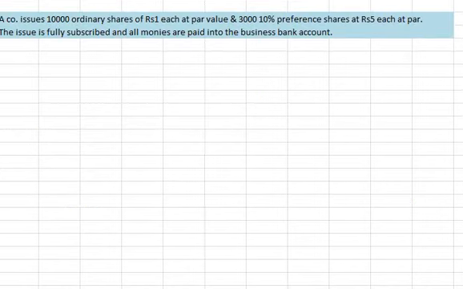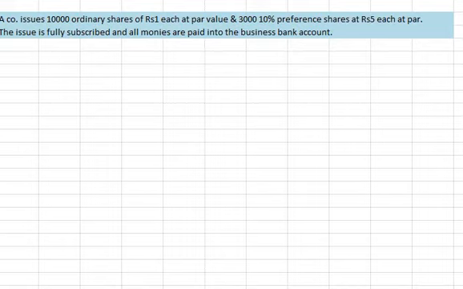This is your next question. A company issues 10,000 ordinary shares of rupees 1 each at par value and 3,000 10% preference shares at rupees 5 each at par. The issue is fully subscribed and all monies are paid into the business bank account.